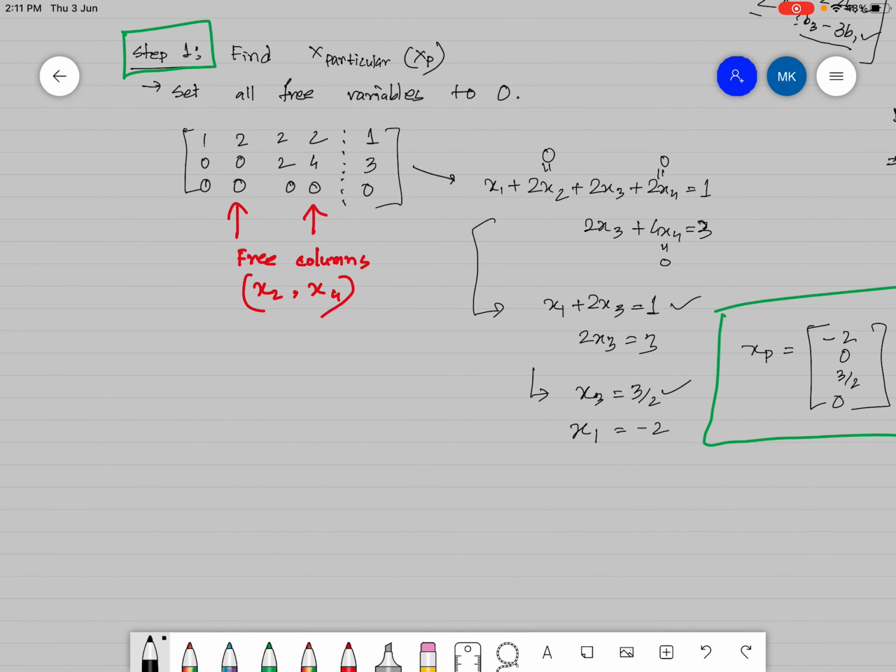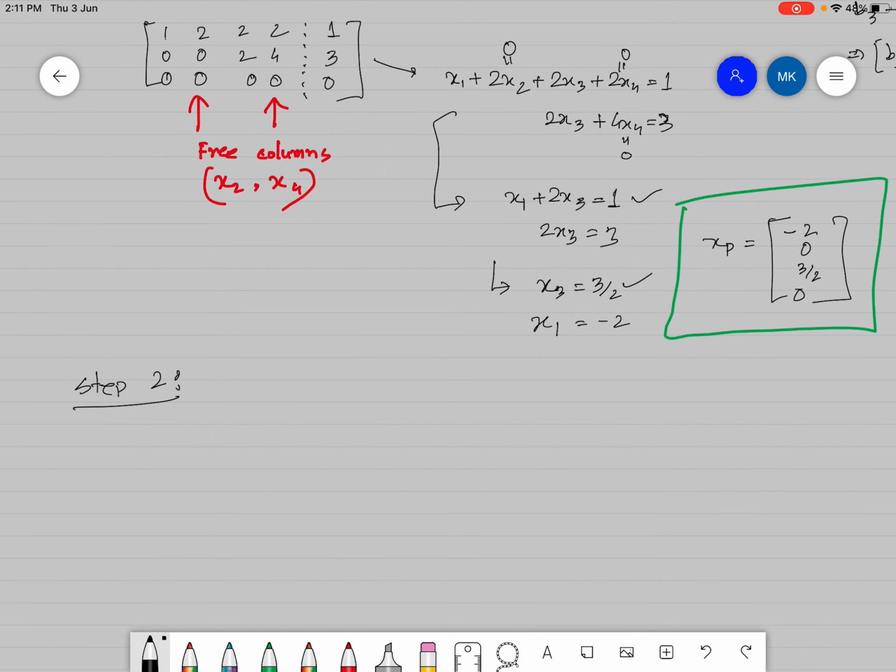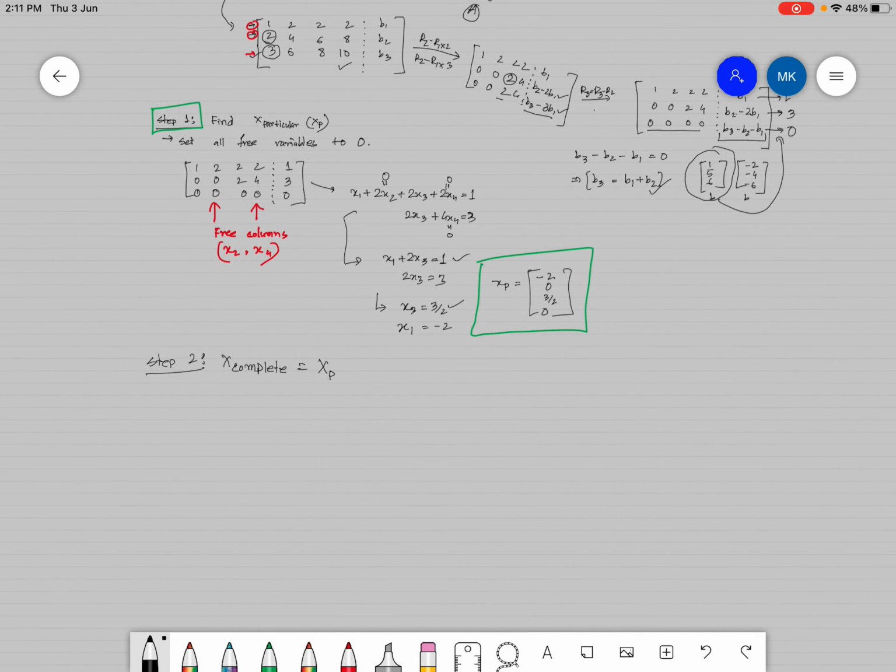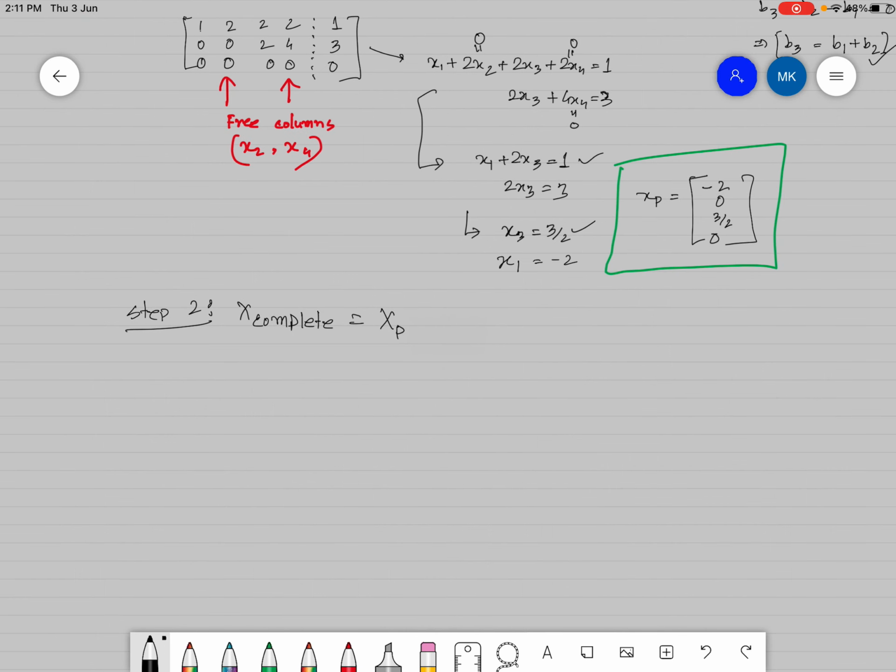Our step 2 is that the complete solution to Ax equals b is x particular plus xn.